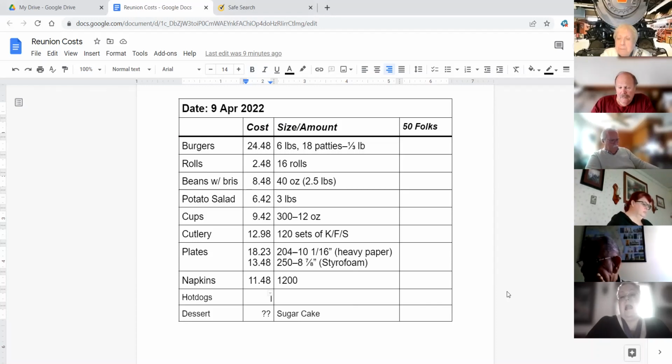And I did share it with Joanne. Joanne, I did share it with you a long time ago. It's a Google document, but unless you accepted that document, you probably are not aware of it.